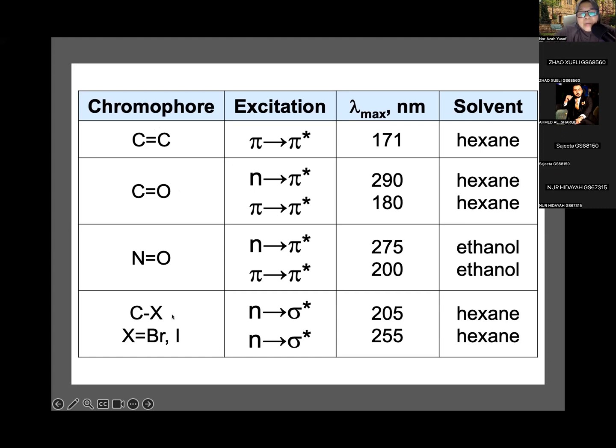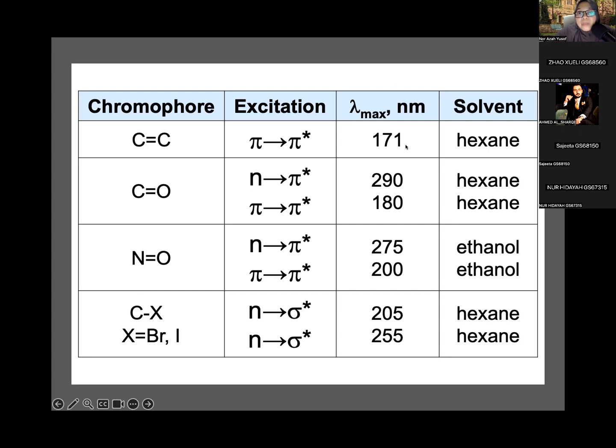Why? Because these halogens have free electrons, a lot of lone pair electrons. So these types of bonds contain electrons that are free, and free means that they are easy to move around.